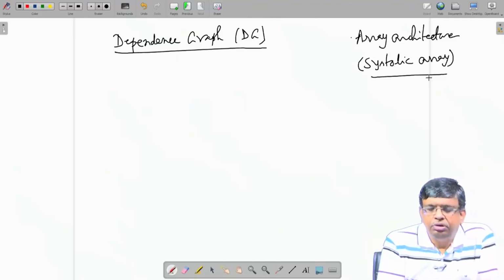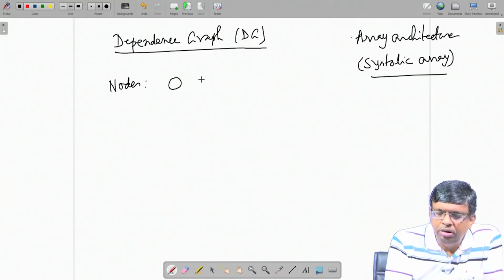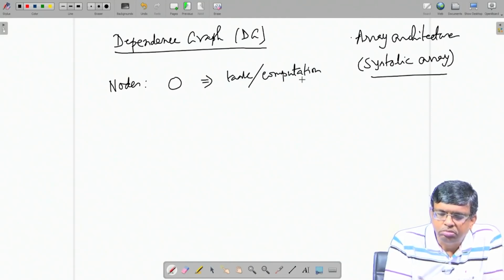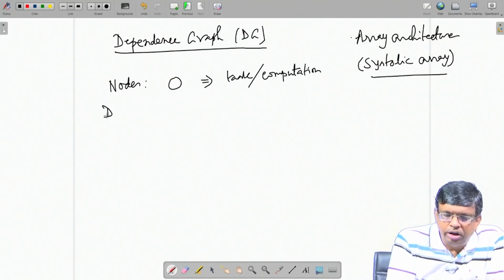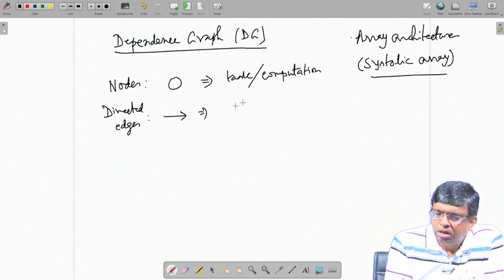Dependence graph, like the SFG and also the DFG, consists of two things only. One is nodes, indicated by bubbles, meaning task, computation, etc., and directed edges, same as before.